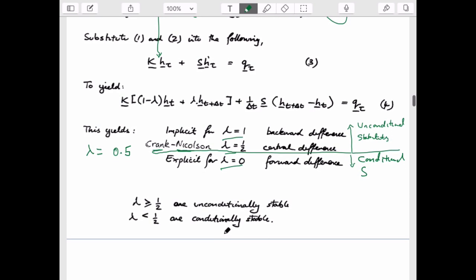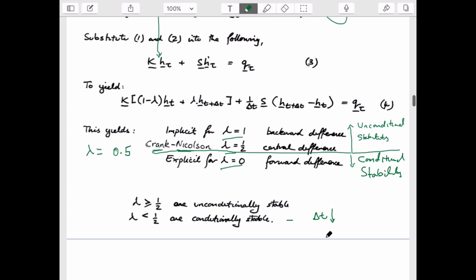So 0.5 is good. It's unconditionally stable, and anything less than that, 0.4999999, is only conditionally stable, which means delta t has to be small enough to give you a stable solution.